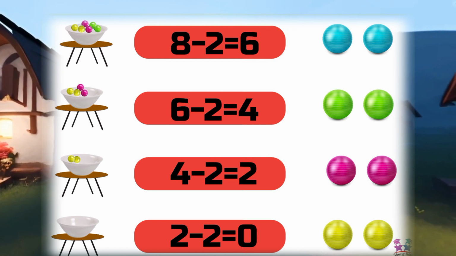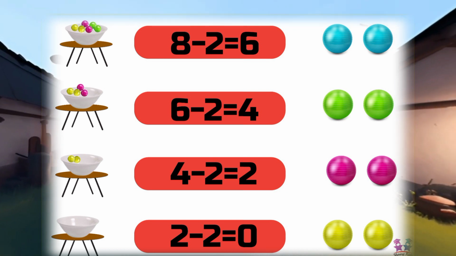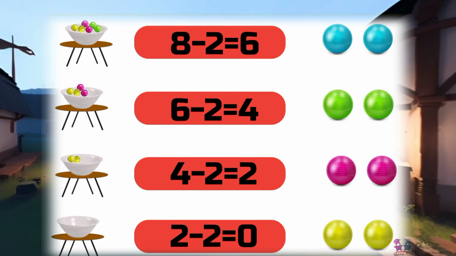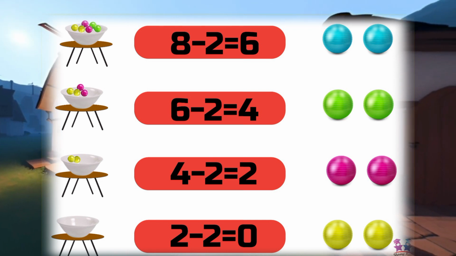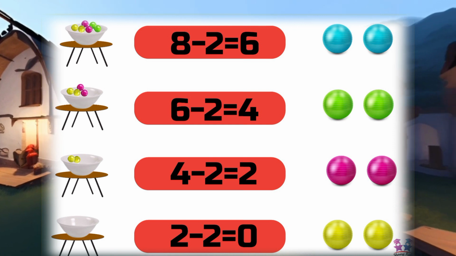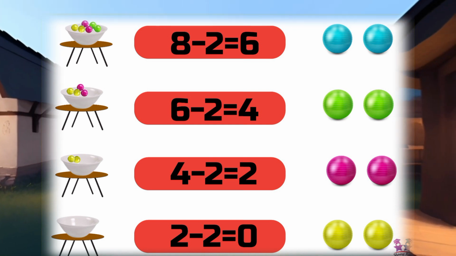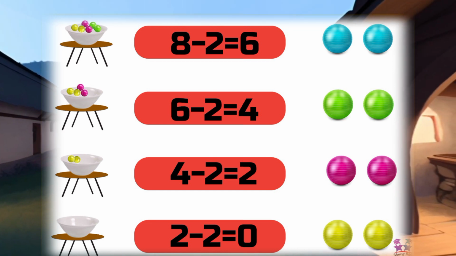Then after removing 2 balls, there are 4 balls left in the bowl. So 6 minus 2 is equal to 4. And repeat this process again and remove 2 more balls from the bowl. So 4 minus 2 is equal to 2. Then 2 balls are left in the bowl.